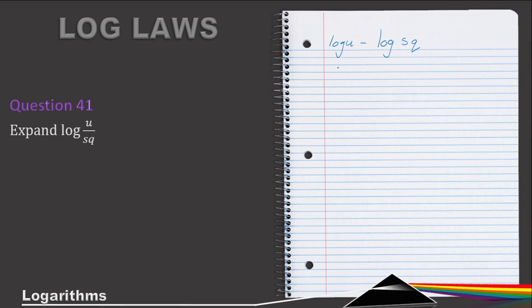So expanding it, I'm going to use brackets: log u minus (log s plus log q), because they're multiplied. Then I'm going to multiply out the brackets, so log u minus log s minus log q. And there we have our expanded form.